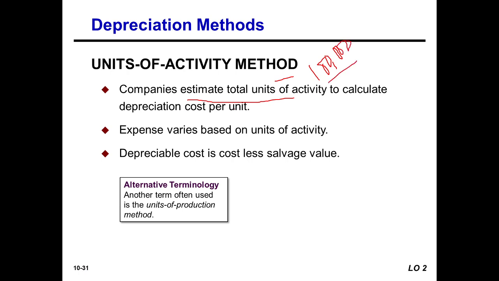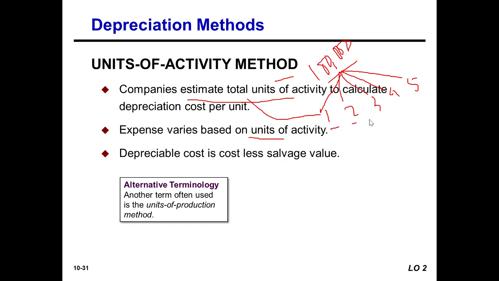To calculate depreciation cost per unit, expense varies based on units of activity. Suppose in this problem we have several years, years 1, 2, 3, 4, 5, and this 1 lakh is the total units for the 5 years.